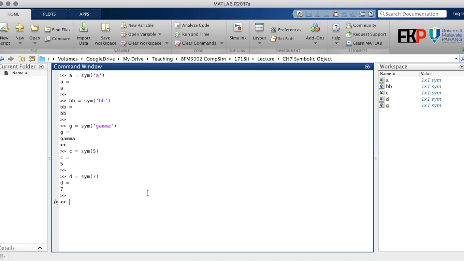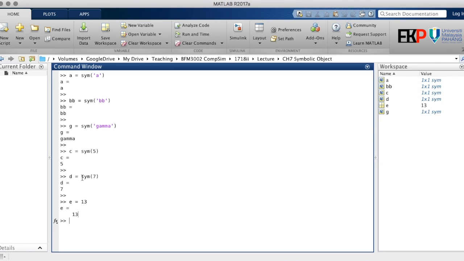This is totally different. If we say E is equal to 13, this is not assigning a symbolic object, but a normal scalar number. So if you see here, when you press enter, E is equal to 13, there is a space created by MATLAB to indicate that this is a normal number. You see here, also in the workspace, E is 13.